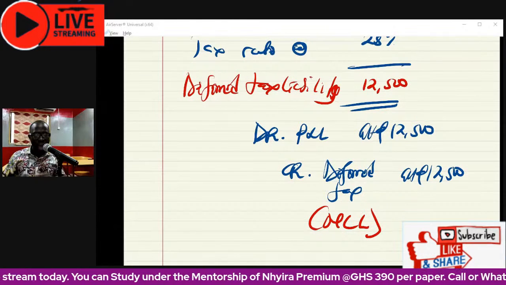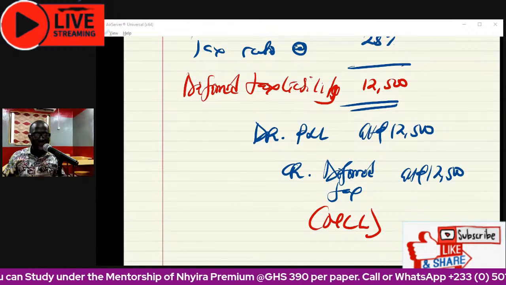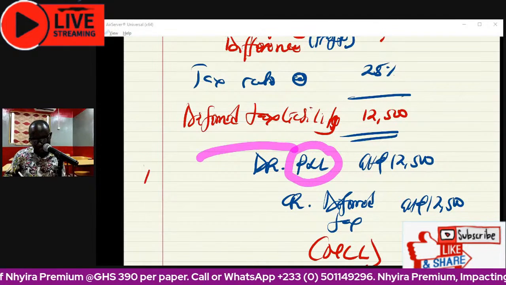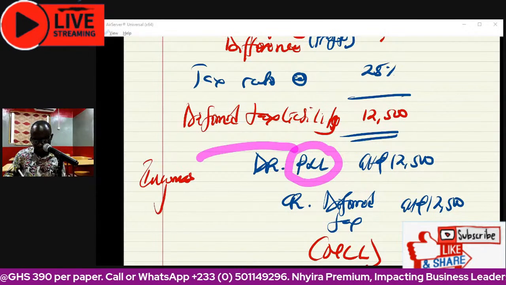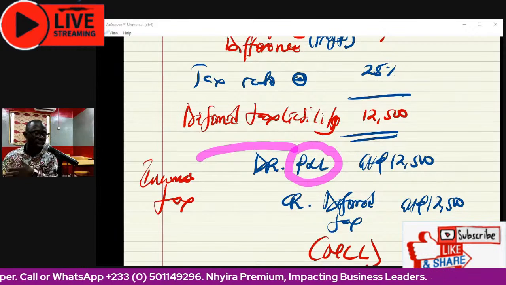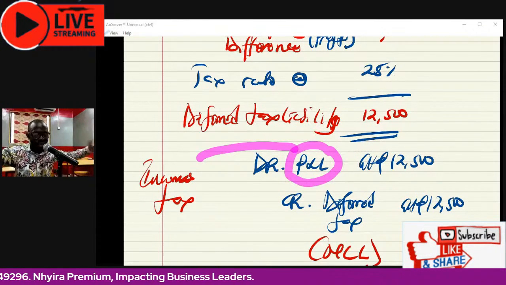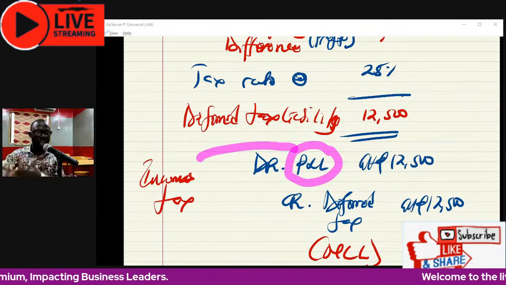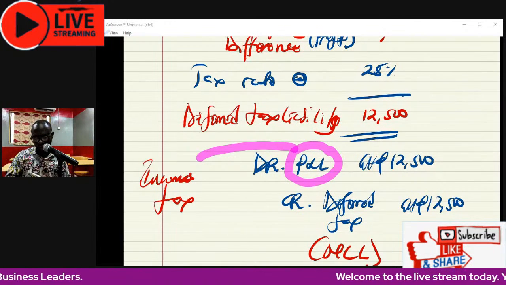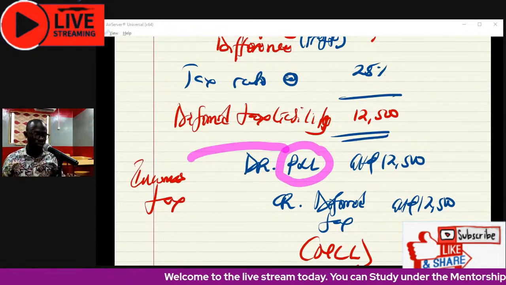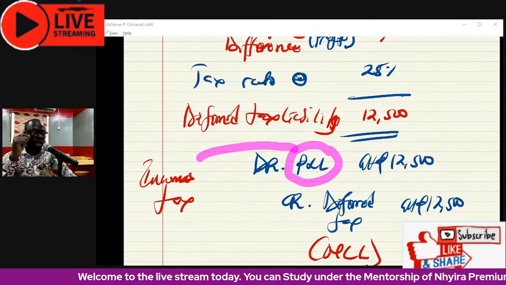And note, even though we are saying debit P&L account, technically you are adding it to the income tax expense for the year. So when we say debit P&L, we don't mean bring it on the face of the P&L as a separate item, but we mean you should bring it there in terms of the income tax for the year.